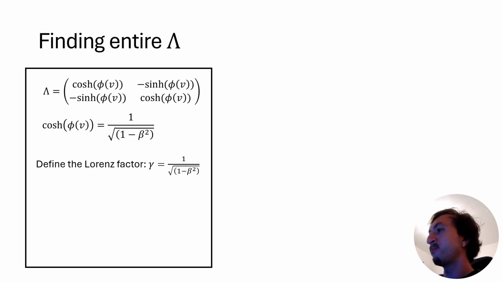We found an expression just in terms of velocity, which is what we really want, because whilst hyperbolic functions give a geometric intuition to the Lorentz transform, it's not clear what cosh of phi of v would be if a stationary observer is looking at a moving observer go by.